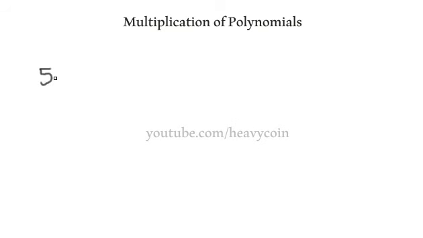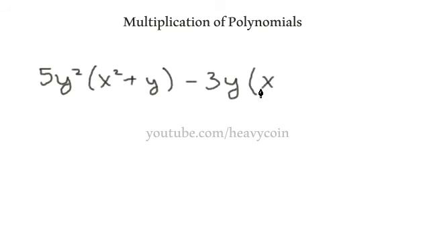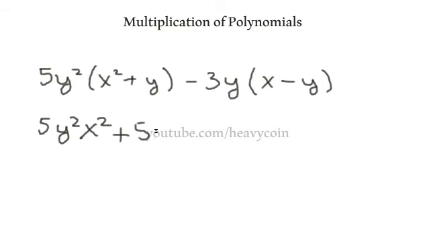Okay, how about we have 5y squared times x squared plus y minus 3y times x minus y. Alright, a little bit longer one here. So I'm going to distribute this 5y squared, multiply it by x squared. So there's really nothing we can do with that other than just rewrite. Plus 5y squared.